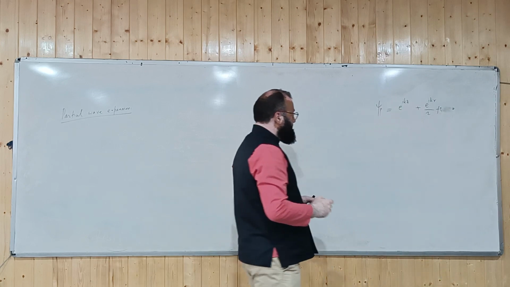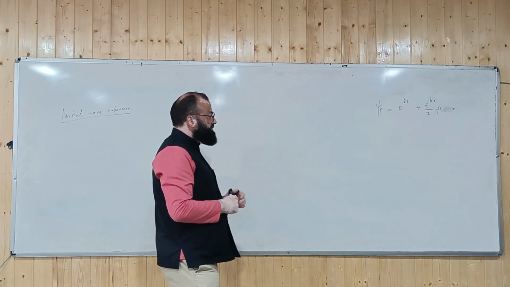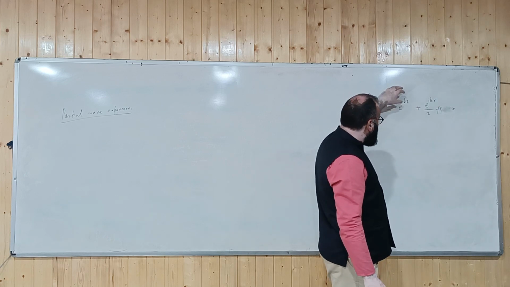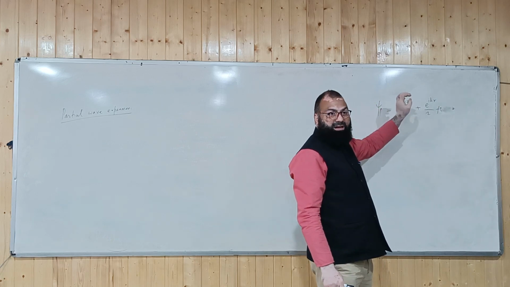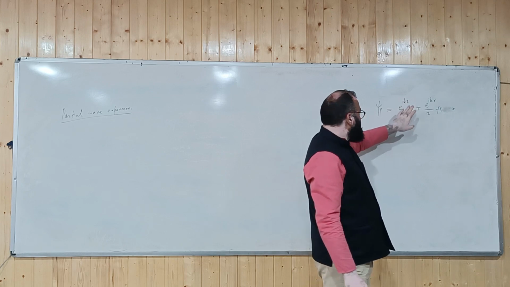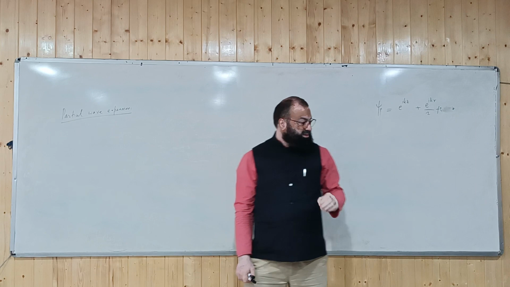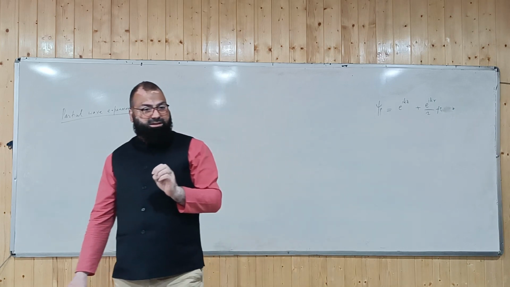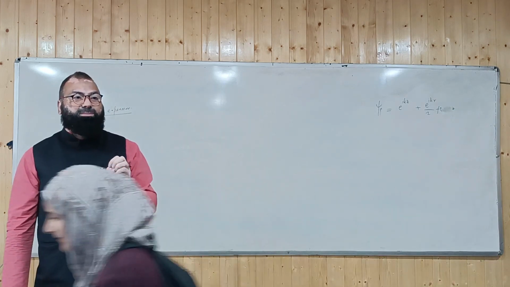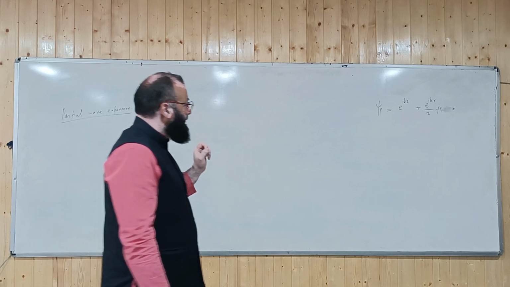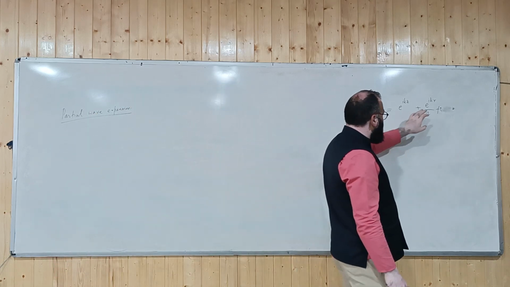F is the amplitude. Our scattered wave is an outgoing wave, and the incident wave is a plane wave. We consider only a single wave here, but that's not true; it's actually a wave packet. So you represent this incident particle by a wave packet, and the outgoing wave is actually a spherical wave.